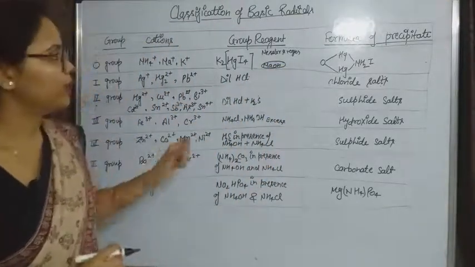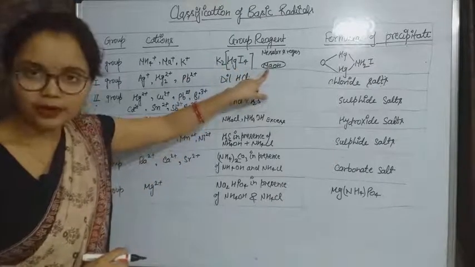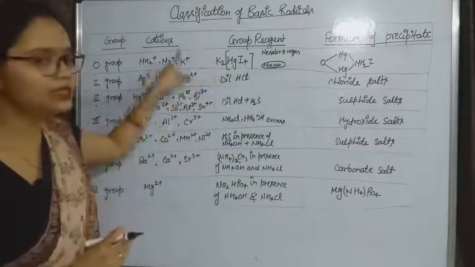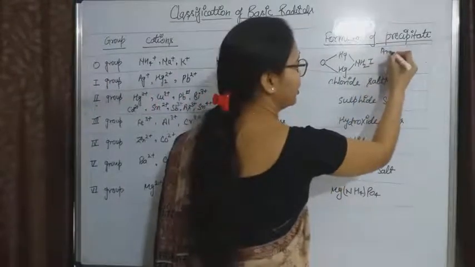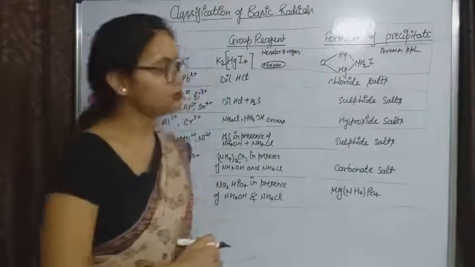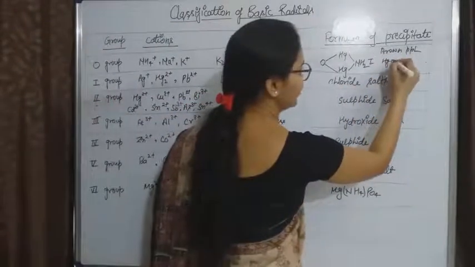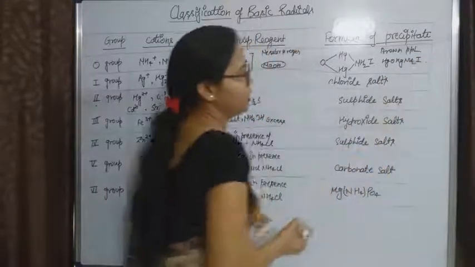Whenever you add K2HgI4 in basic medium in the solution of salt of these cations, you will get the brown PPT. You can write this compound simply like this: HgO.HgNH2I.